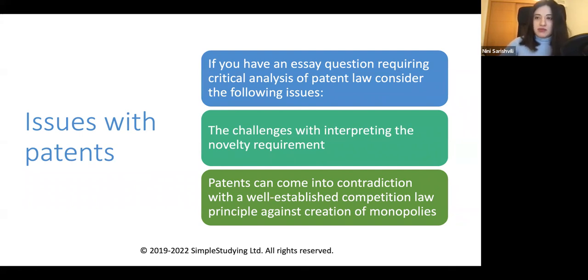This can be something to be explored if you have a question that requires critical analysis of the laws on patents, because companies cannot have a monopoly in the industry, whereas a patent grants them a monopoly, and they will be the only people who can commercialize the product that is patented. Therefore, it kind of comes into contradiction, and this is an area that deserves attention.